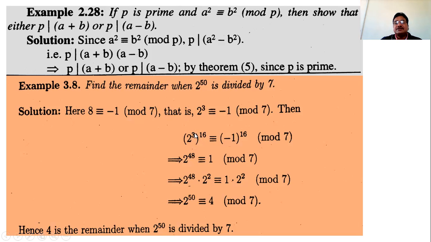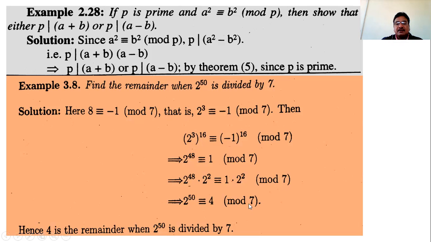This is 2 raised to 16 into 3, that is 48, congruent to 1 modulo 7. And then multiply both sides by 2 squared: 2 raised to 48 into 2 squared is congruent to 1 into 2 squared modulo 7. And then we have 2 raised to 50 is congruent to 4 modulo 7.